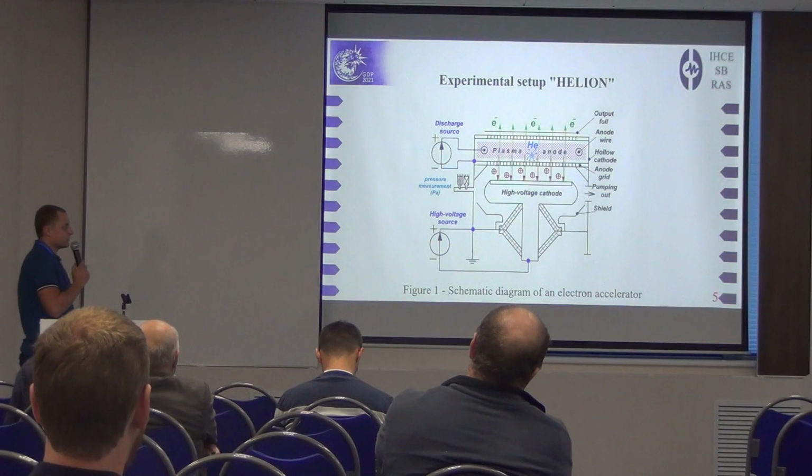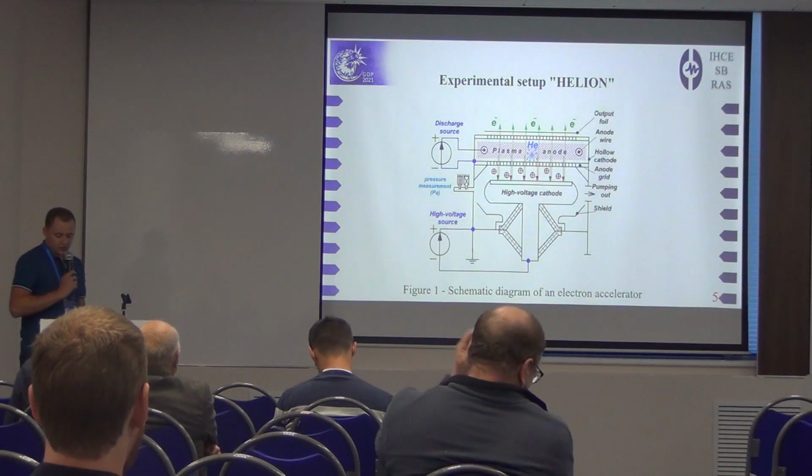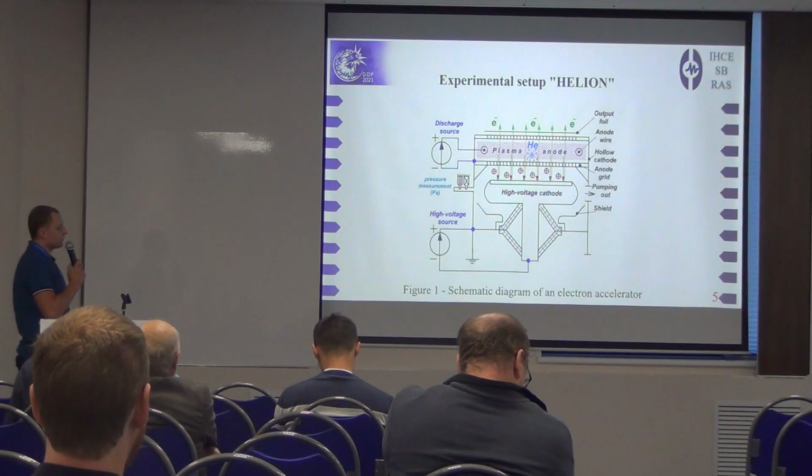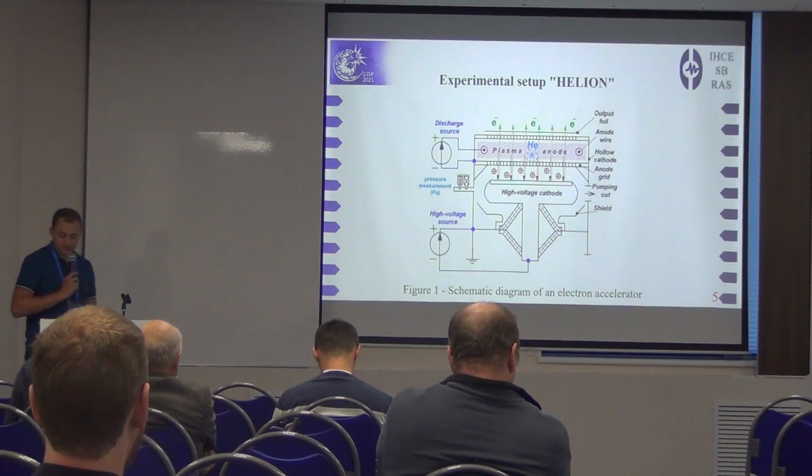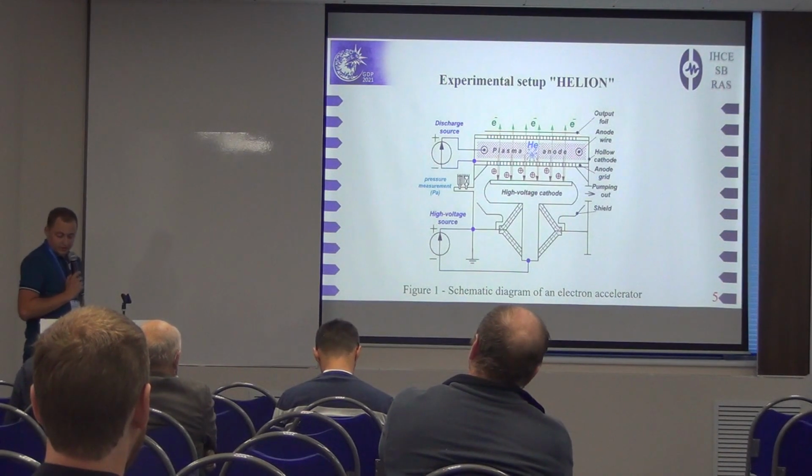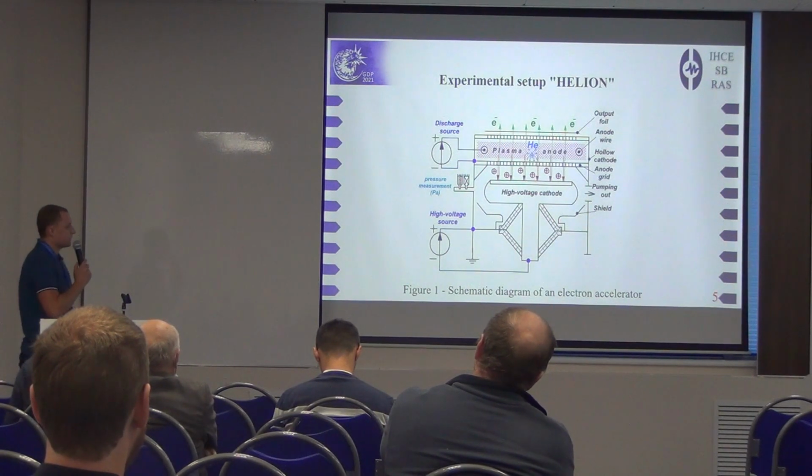The role of auxiliary discharge is performed by a self-sustaining glow discharge, in which two tungsten wires serve as the anode and the walls of the chamber as the cathode.